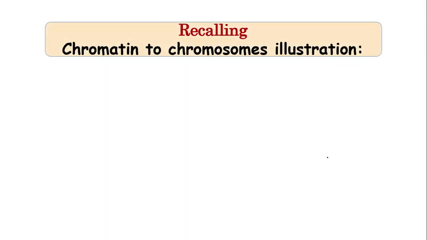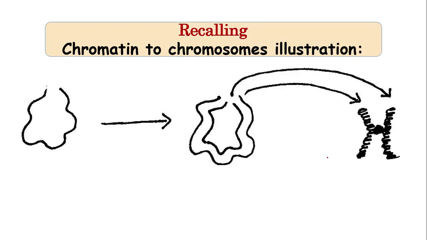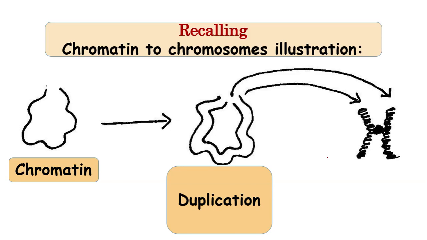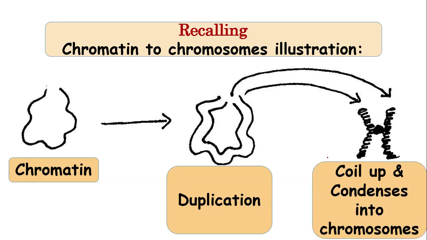Let's remember that chromatin undergoes DNA replication to become chromosomes. The chromosome will not enter mitosis before it duplicates. So it duplicates first by entering interphase, when it is called chromatin because it is decondensed. Then it undergoes duplication in this way, then condensation: it coils up and condenses into chromosomes.